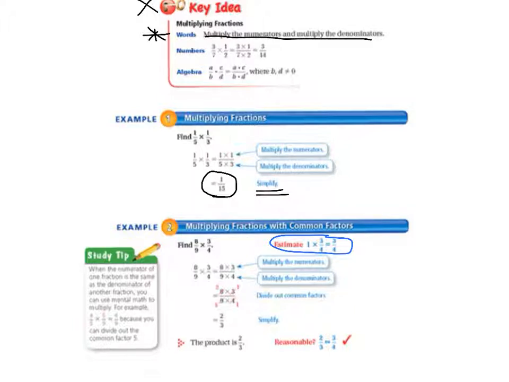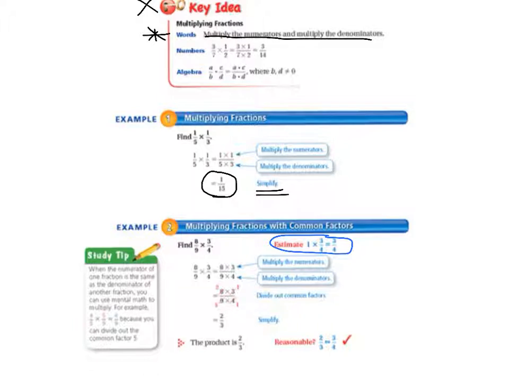So let's look at what the book has us do. 8/9 times 3/4. We're going to be multiplying the numerators and multiplying the denominators. So 8 times 3 and 9 times 4. But before we do that, we're going to do a little canceling out here of the common factors. So we know that 8 and 4, that 8 is divisible by 4.